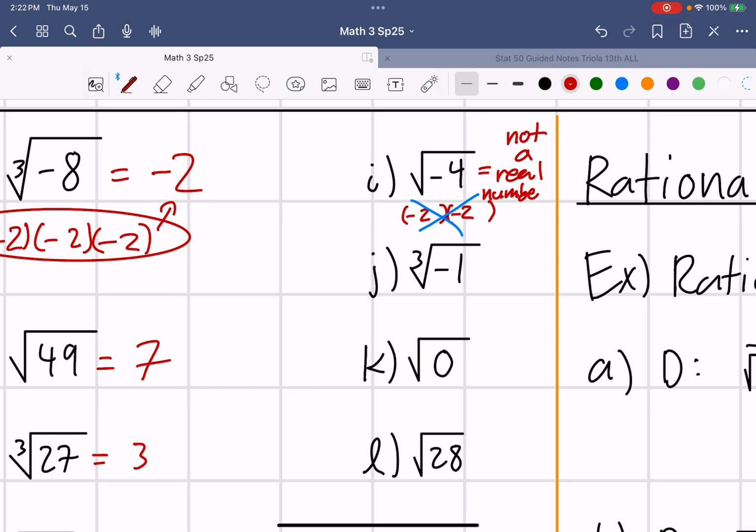Now, you might be asking, wait, isn't there this idea of an i or complex number? And there is. So, by coincidence, I have i right here. But yes, there is the idea that the square root of negative 1 is i, which we'll talk about a little bit later. But for now, we're just dealing with real numbers, meaning if you look at the number system, we're talking about natural numbers, integers, whole numbers, rational numbers, irrational numbers, and that's the set of real numbers.